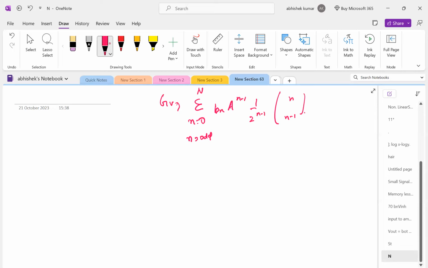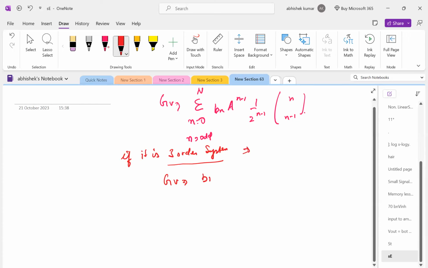For studying the nonlinearity of a third order system, our n will become 3 and our gain will become B1 plus 3 by 4 B3 A square.